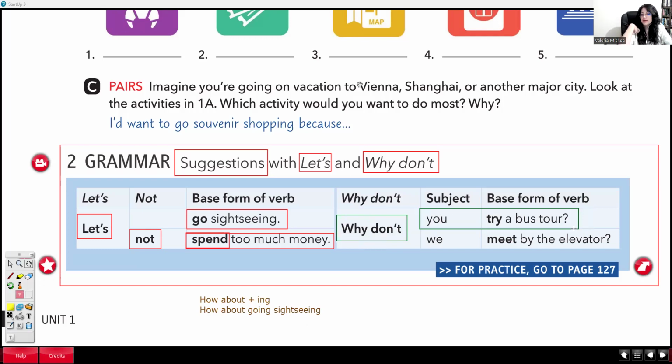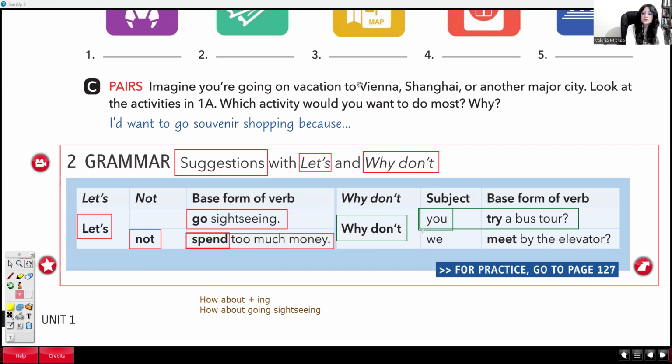In this case, I'm not included because I'm using only you. If I was included, I would say we. So the previous one is let's because the person who is speaking is included in the idea. On the second one, the speaker could be included or not, depending on the meaning.